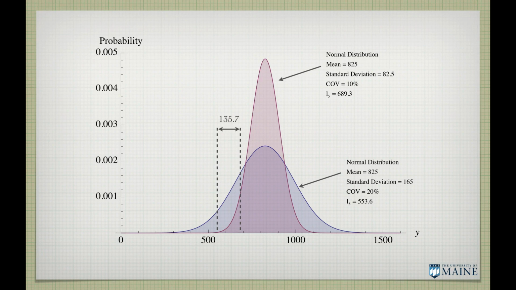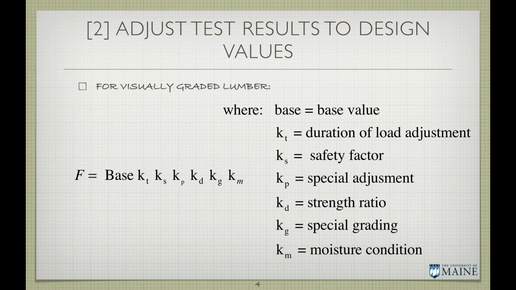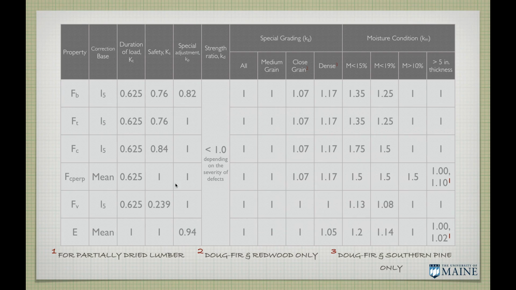In this case, that difference would be 135.7. Should be 689.3 minus 553.6. So recall that our base value, for example the bending strength, we start at that L5 value.